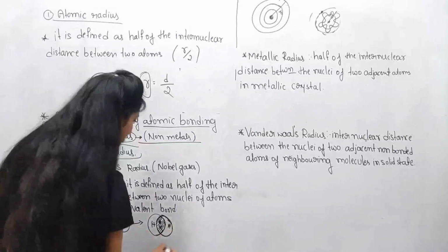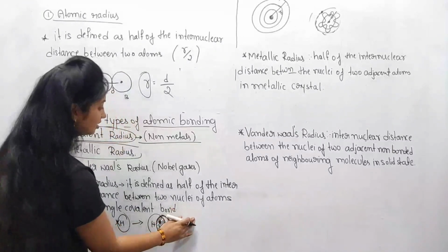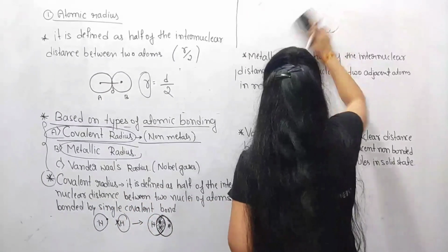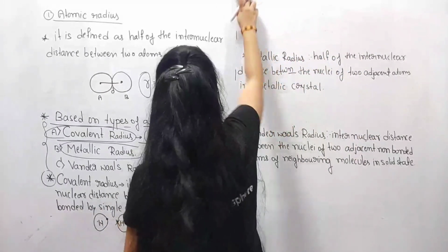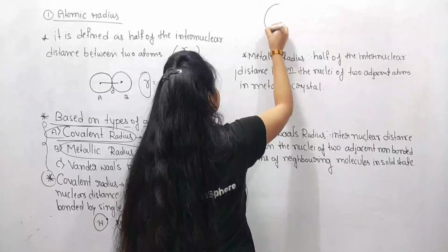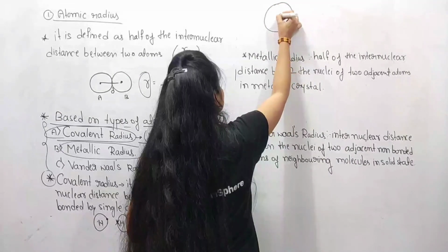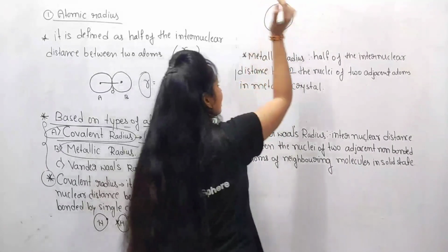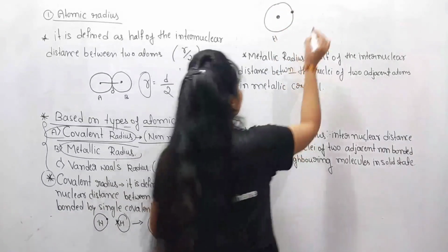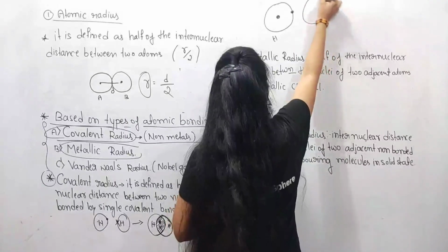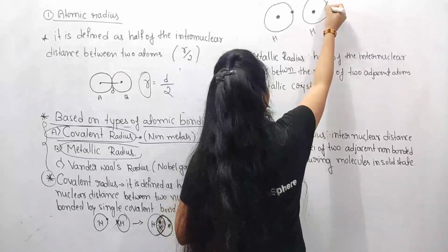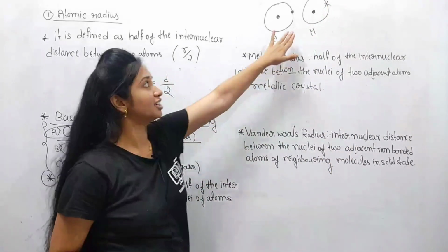Then I wish to draw another diagram here to make the concept clear. Just consider this is a hydrogen and this is the nucleus of this hydrogen atom, and this is the electron, and this is also another hydrogen atom. This is the nucleus of this hydrogen atom, and this is the electron of this hydrogen atom.